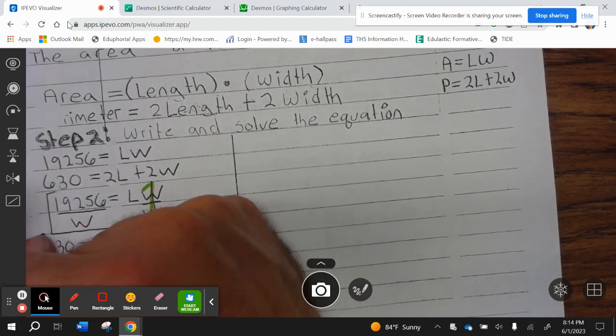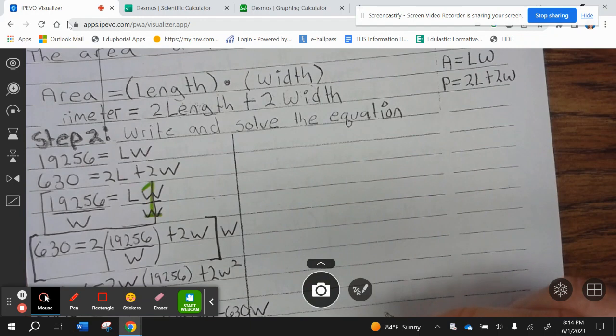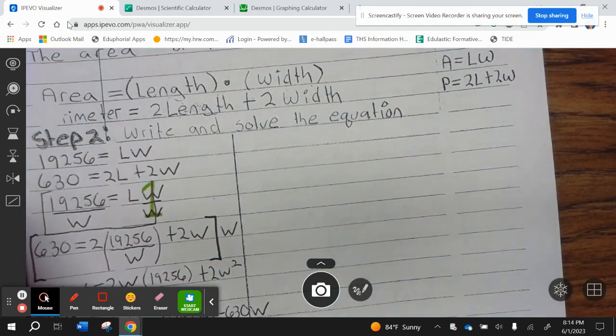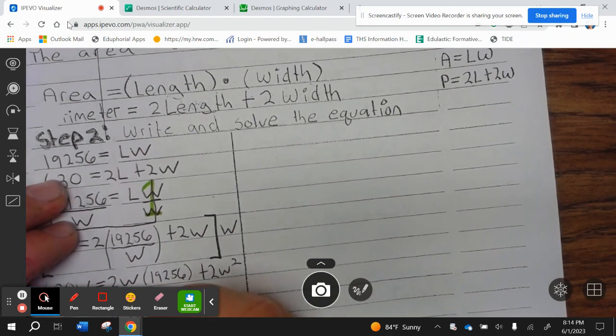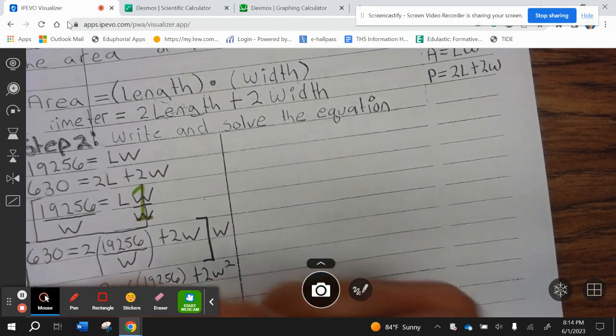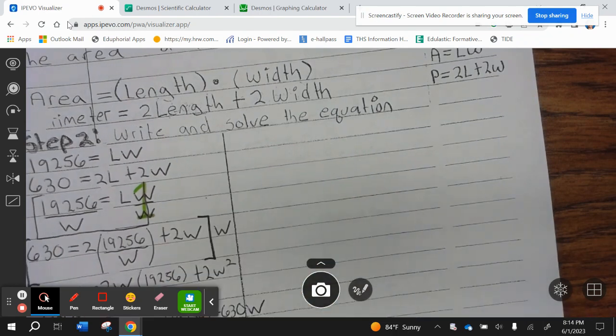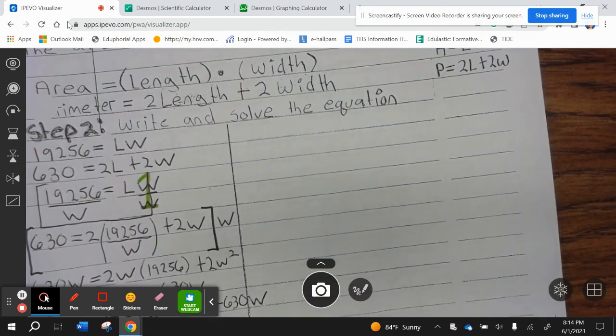Okay, we can divide everything by 2. Oh, before we do that, almost forgot. This is divided by w, so this divides and becomes 1.